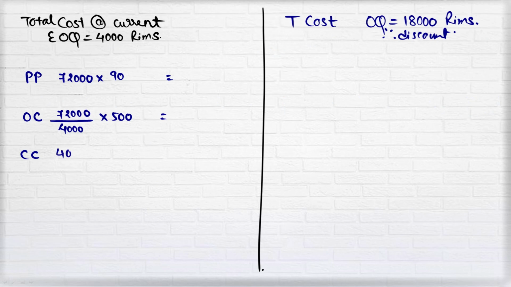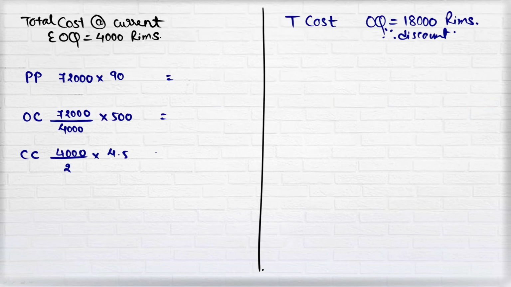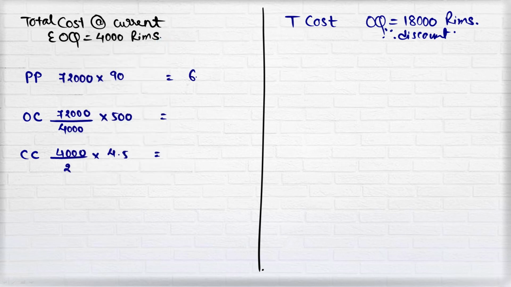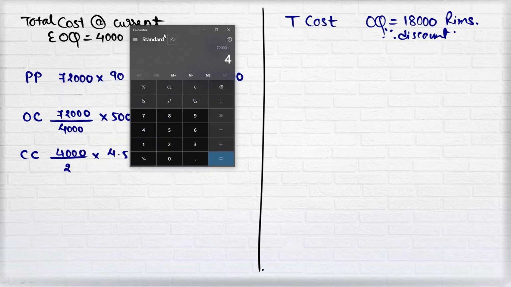And carrying cost will be 4,000 divided by 2 multiplied by 4.5. 72,000 into 90 is 64,80,000. 72,000 divided by 4,000, these are number of orders.